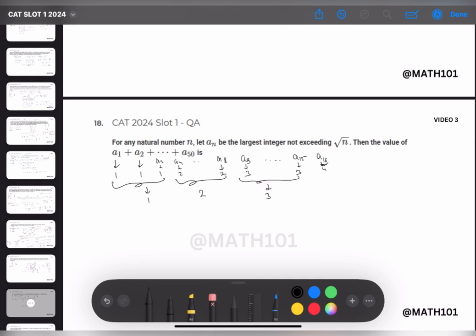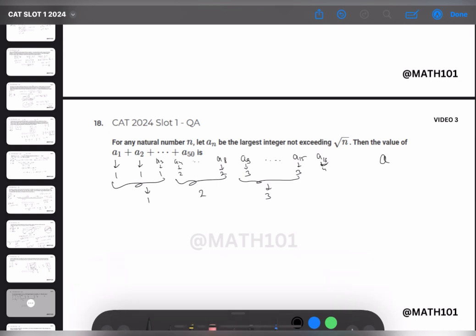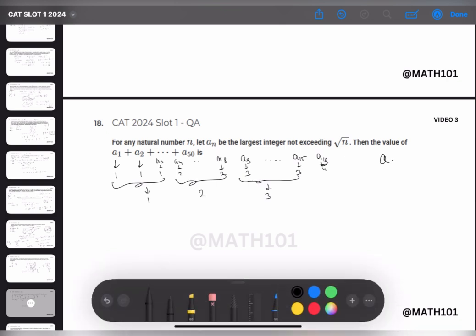This happens because (n+1)² gives n+1 and n² gives n, and all the 2n numbers between these two will be mapped to n. So we'll have 2n+1 numbers which would be mapped to n. For n equals 1, we have 3 numbers which have value 1.